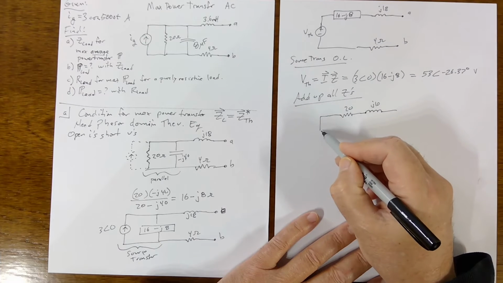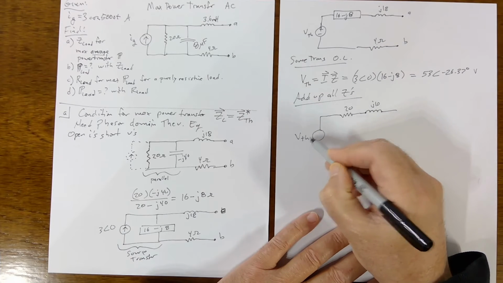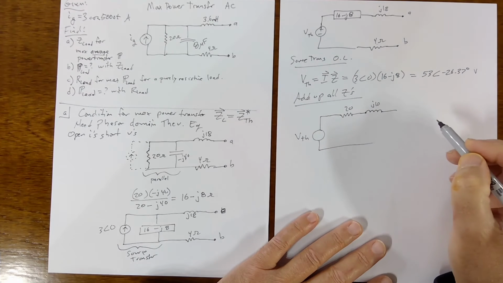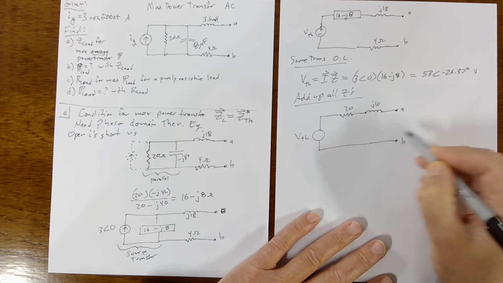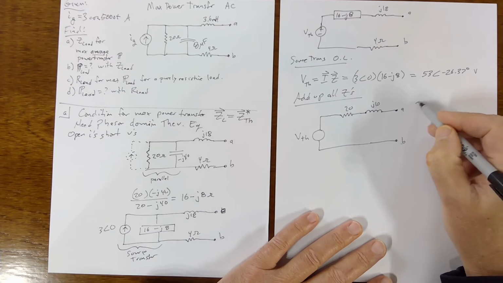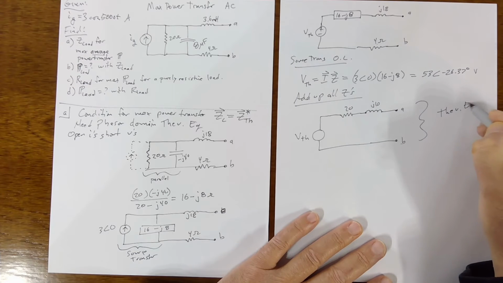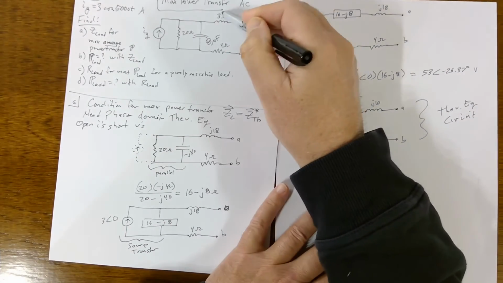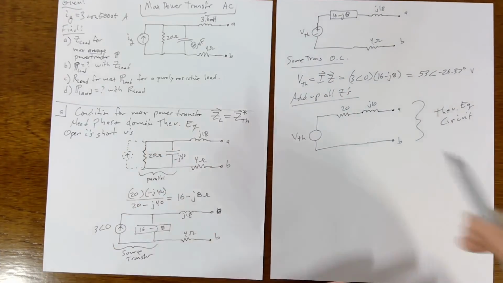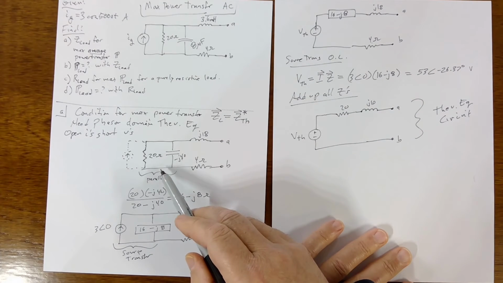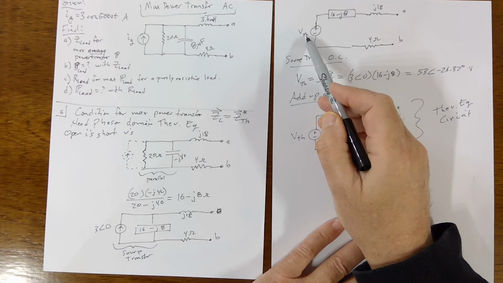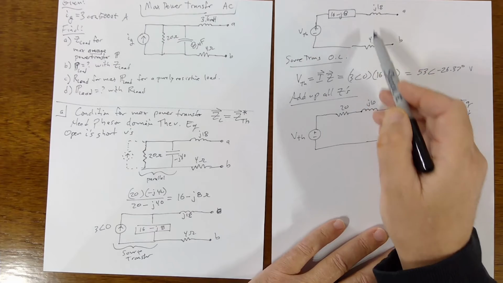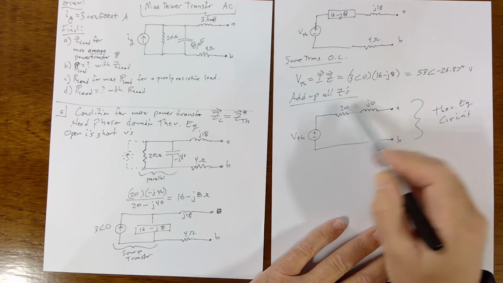So there's that guy, and the V Thevenin is still here. So this is the Thevenin equivalent circuit, which anytime you're doing a maximum power transfer problem, you need to calculate. So that was a little trick using a parallel combination and then a source transform, which leads directly to the V Thevenin. And then we add up these resistors to get the Z Thevenin.